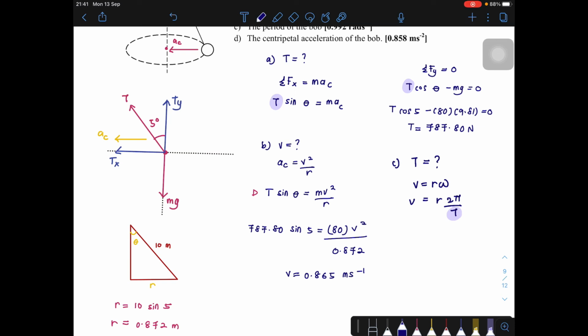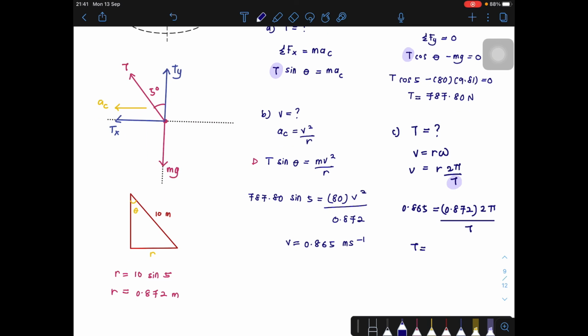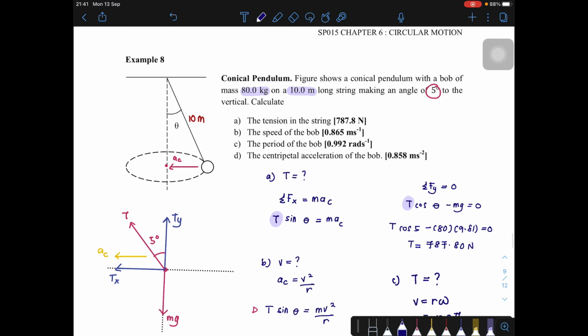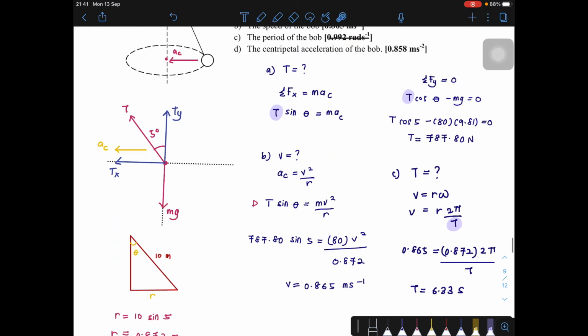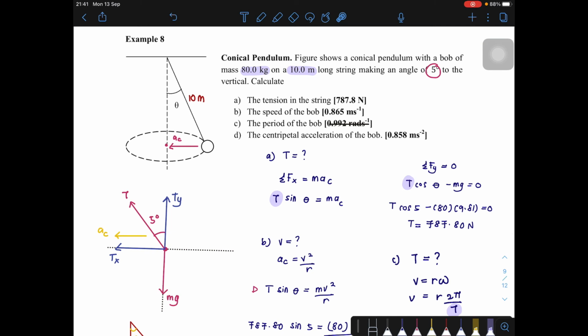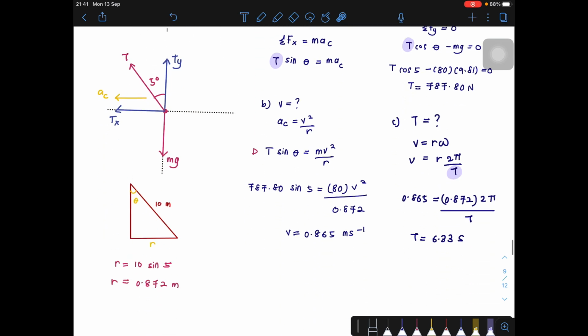So just masukkanlah 0.865 sama dengan radius 0.872, 2 pi divided by T. So you will get the period is equal to 6.33 second. Okay, so jawapan kat sini salah ya. This one is 6.33 second.